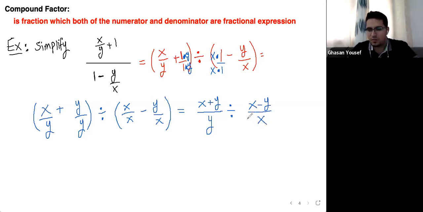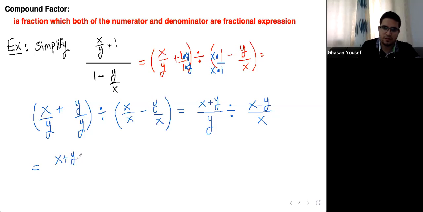Now I get the question, don't you have to flip the sign? Yes, I'm going to flip it right now. This is equal to the fraction x plus y over y. Now this dividing, I have to flip it to multiplication, flipping this fraction to x over x minus y.